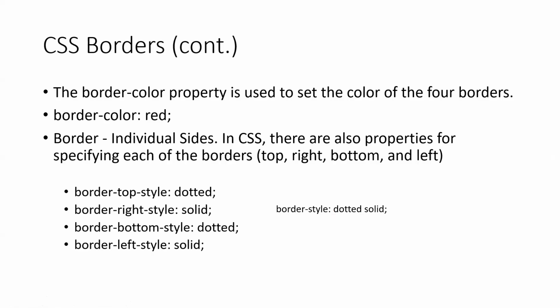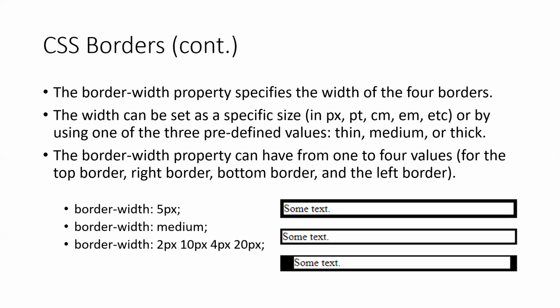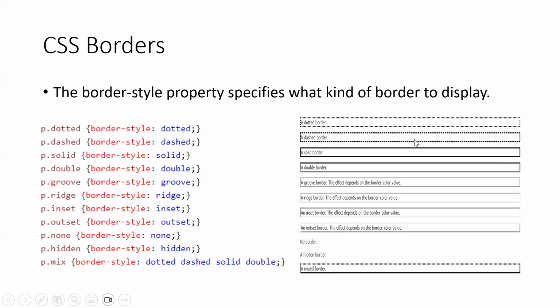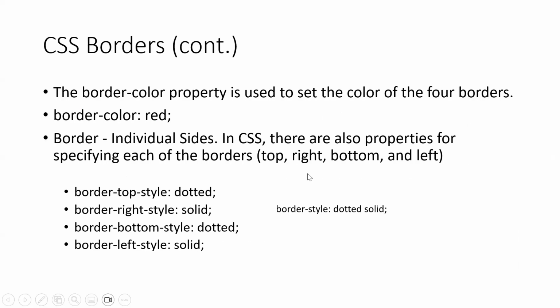Right. If you want to change the color of the border, you can use border color. Again, like earlier, we can specify border color red, or you can use some hexadecimal values for this. And then, for example, here the borders are applied on all the 4 sides, the same border.